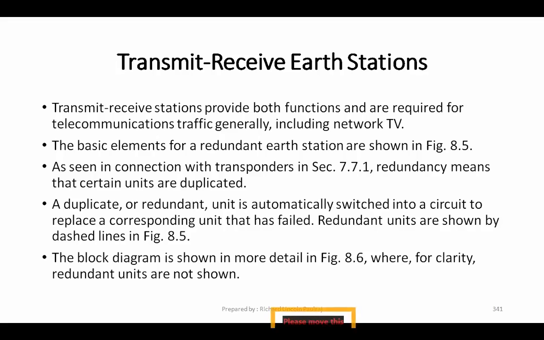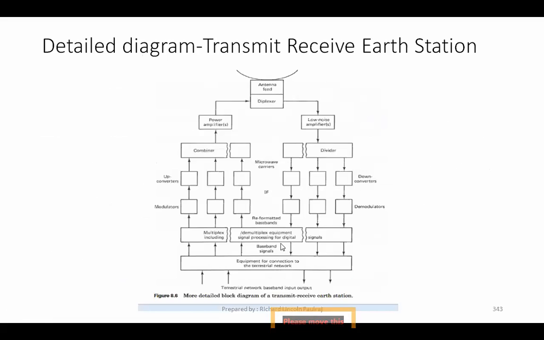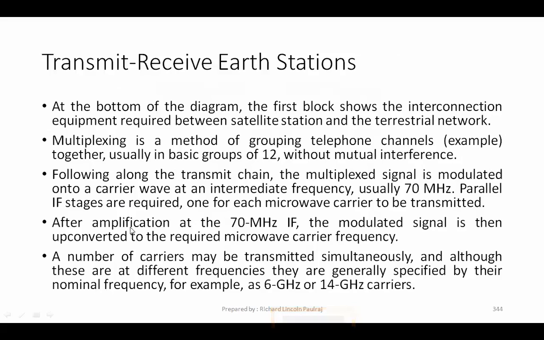The basic elements for a redundant earth station are shown in the diagram. Here you can see some of the basic elements that we use, and as you can see, these are all backup devices, right? We have seen these concepts previously also.